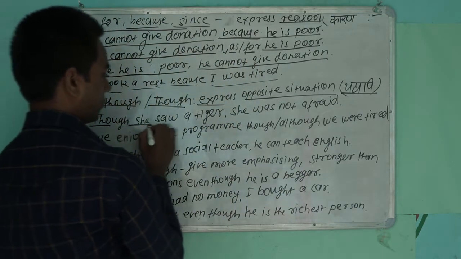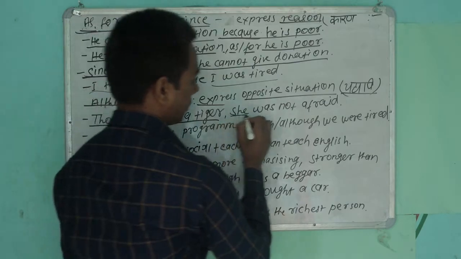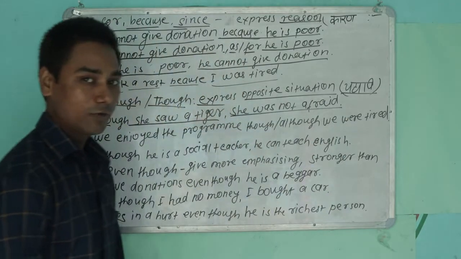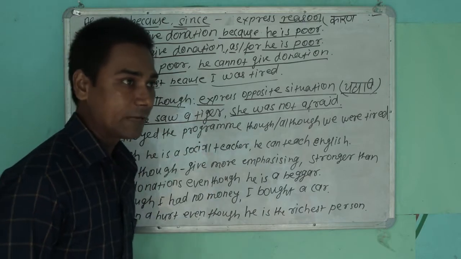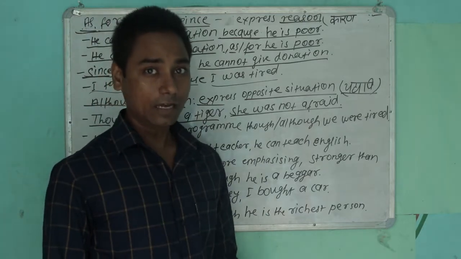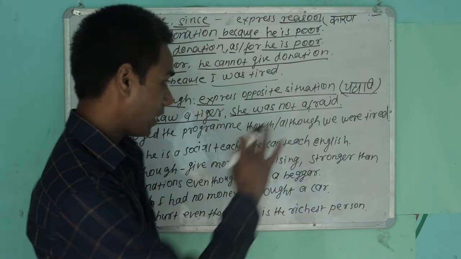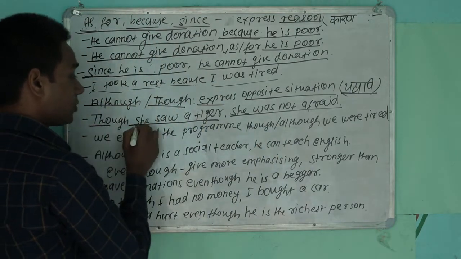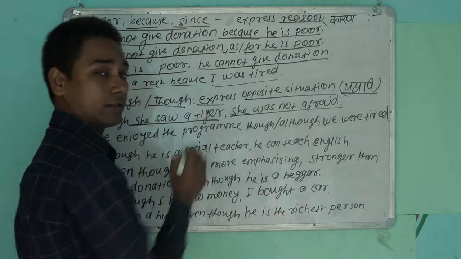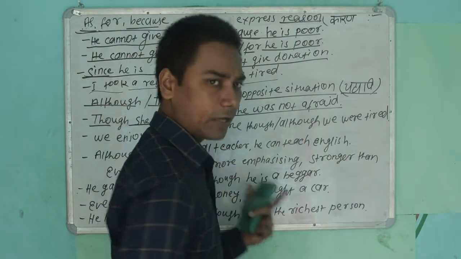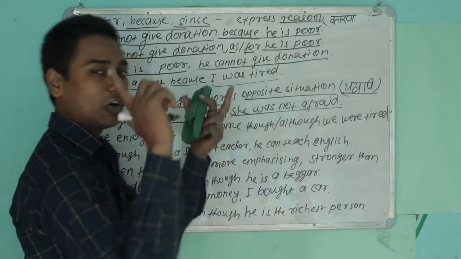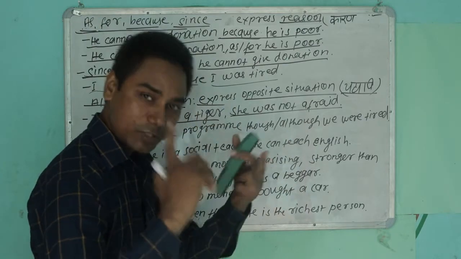Though she saw a tiger, she was not afraid. Normally what happened? While we see a tiger, at that time we became afraid. Yeah, we became afraid. But what happened here? Look, though she saw a tiger, but she was not afraid. So here, contrasting situation, opposite situation.